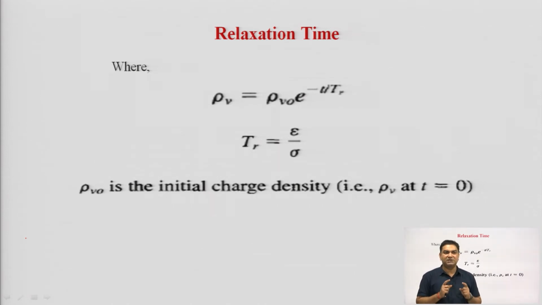This rho v naught is the initial charge density, where ln rho v naught was the constant of integration, but individually rho v naught is the initial charge density, or we can say the volume charge density at the time instant t is equal to 0.